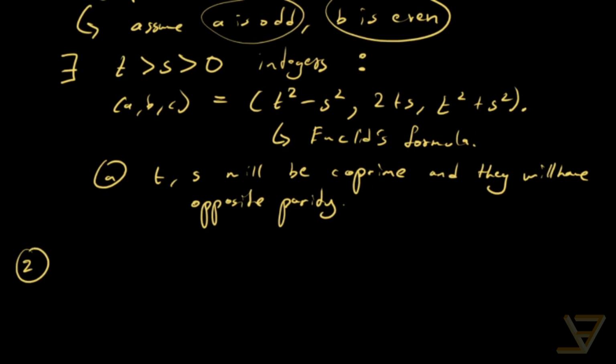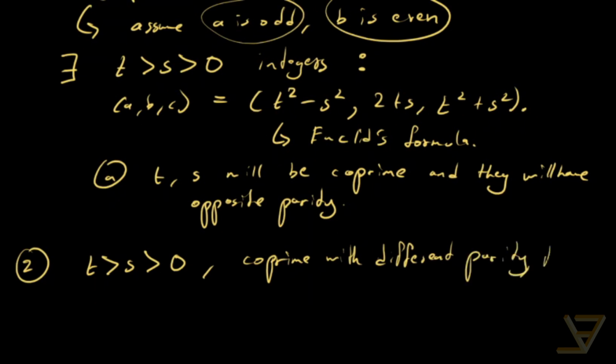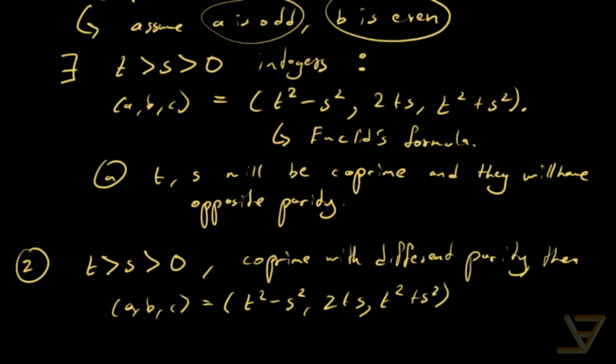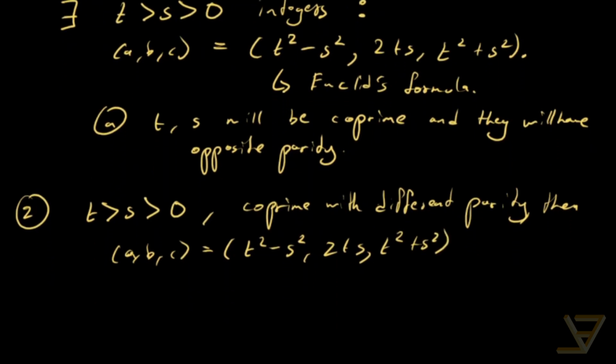Now in the other direction, what we can say is that if t is greater than s and s is greater than 0 and they're coprime with different parity, then A, B, C equal to t squared minus s squared, 2ts, t squared plus s squared is not only a Pythagorean triple, it is a primitive Pythagorean triple.